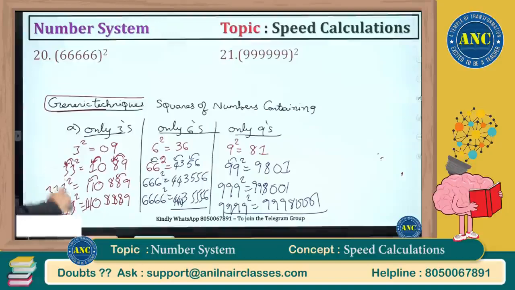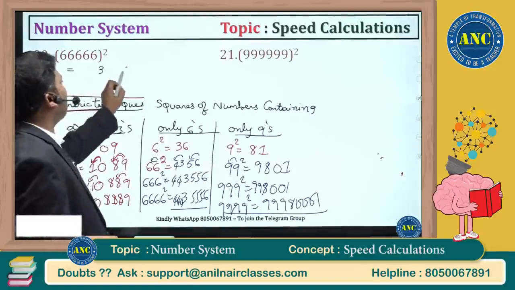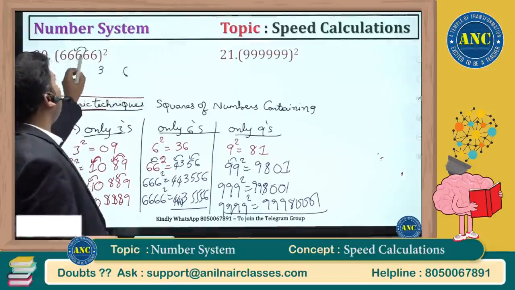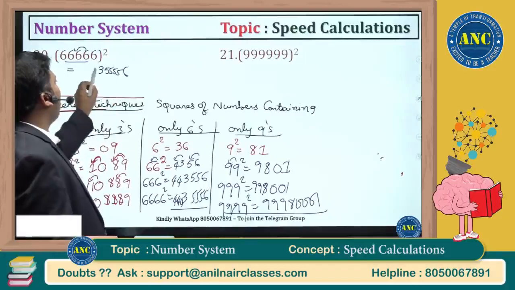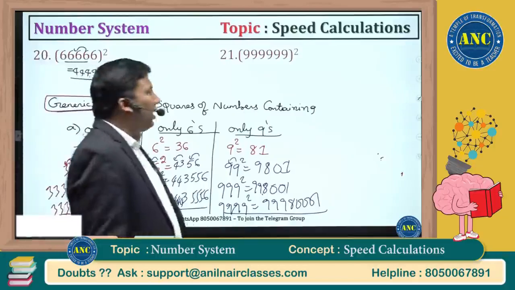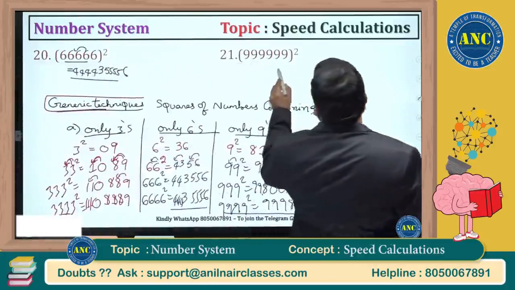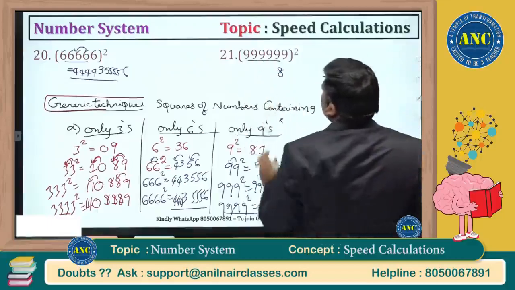Only 3s, only 6s and only 9s. Now 6 square is 36. How many 6s are added? Four 6s are added, so four 5s will come here and four 4s will come here. I hope the idea is clear. 9 square is 81. How many 9s are added?